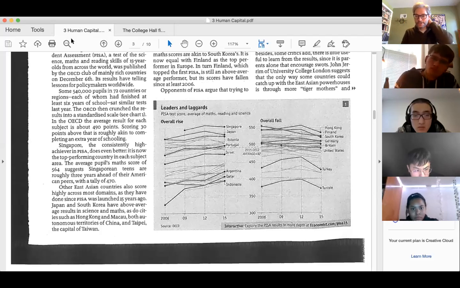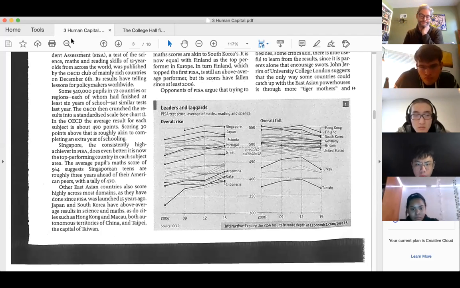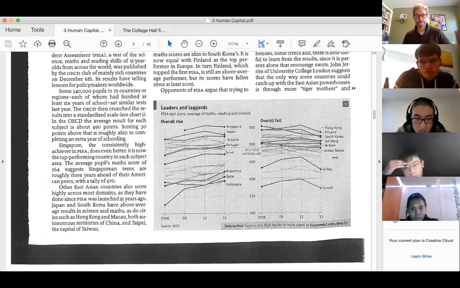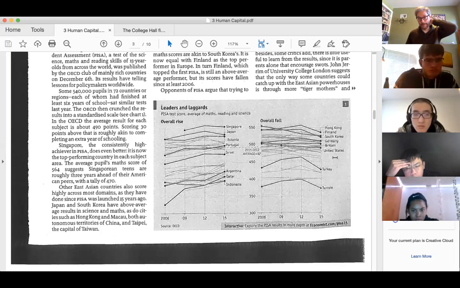This is a little hard to read. I'm sorry about that. But basically the takeaway from this is if you see where the United States is, it's really at the bottom of rich countries in terms of how our students score on these PISA tests, which basically measure basic math, reading, and science comprehension. So among rich countries, we are really at the bottom of the pack, right? We're really at the bottom of the pack.